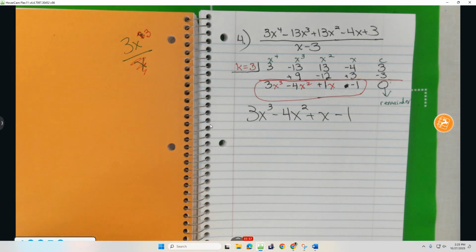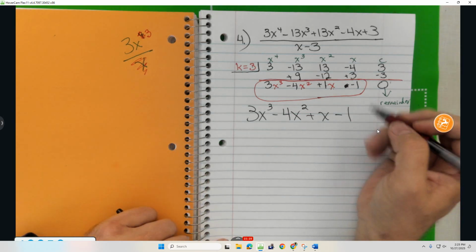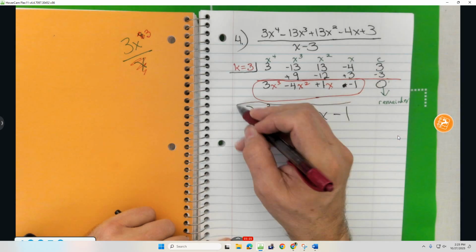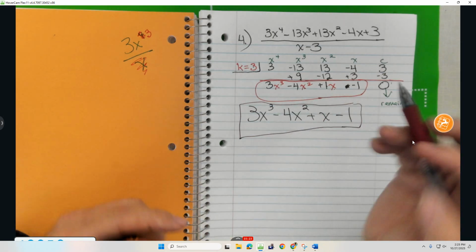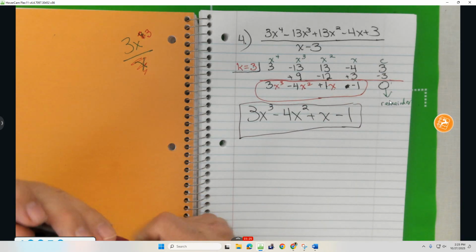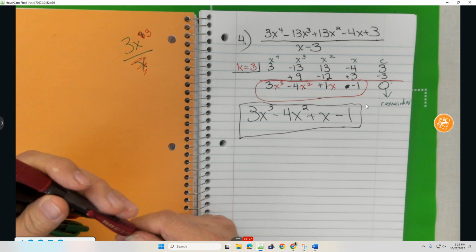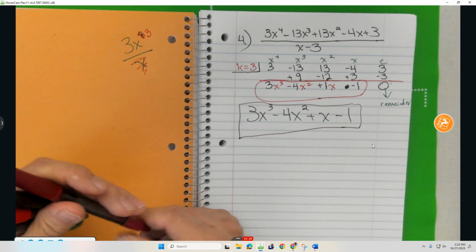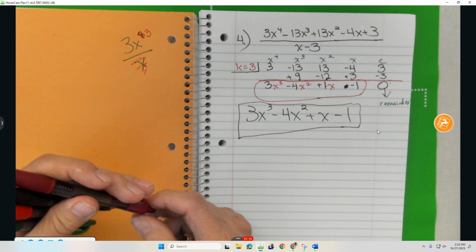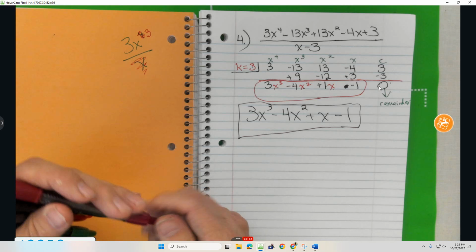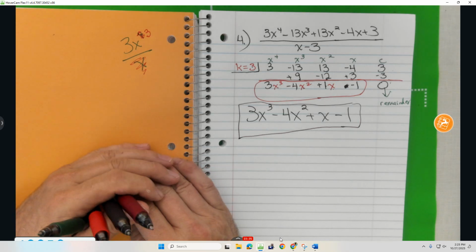And if it asks for the remainder, you'd say R equals... Or they may want plus remainder over divisor. Not when it's a 0, though. R equals 0. If they had a little spot for you to type in the remainder, you would type a 0 for this one. Any questions there?